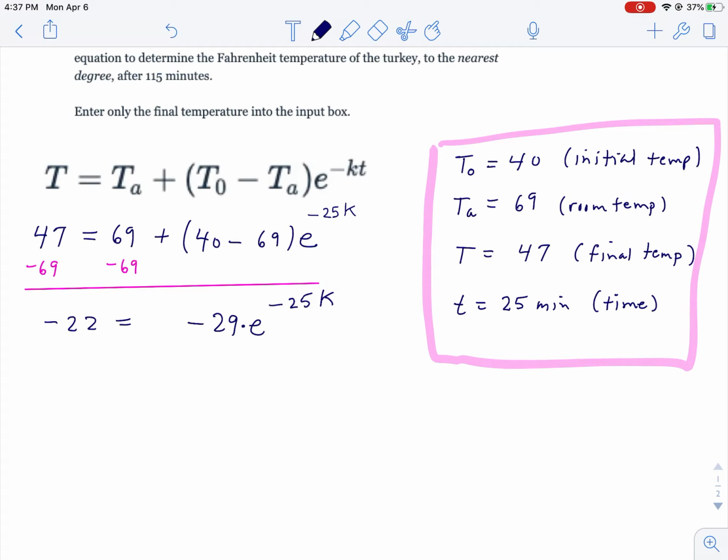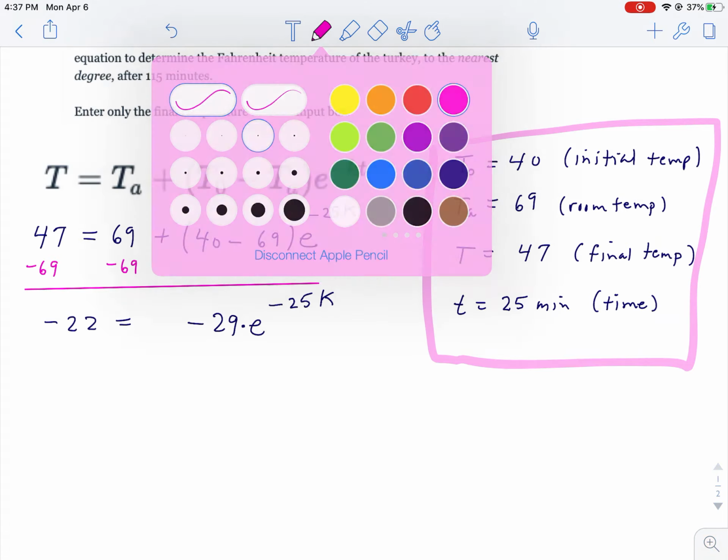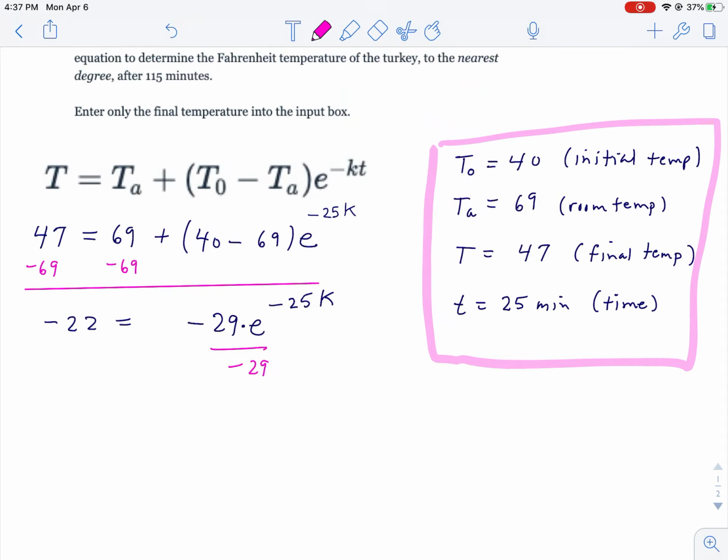Next step, that's a multiplication on the right, so I want to divide both sides by negative 29. Negative 29 here, negative 29 here. So on the left, I get 22 divided by 29, which I guess I'll leave as a fraction. You could certainly make it a decimal. Just make sure to carry enough decimal points. 22 over 29 equals e to the negative 25k.